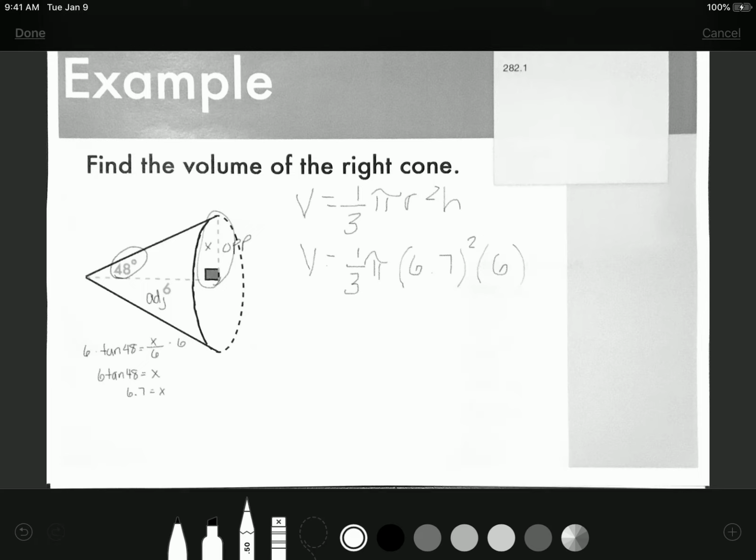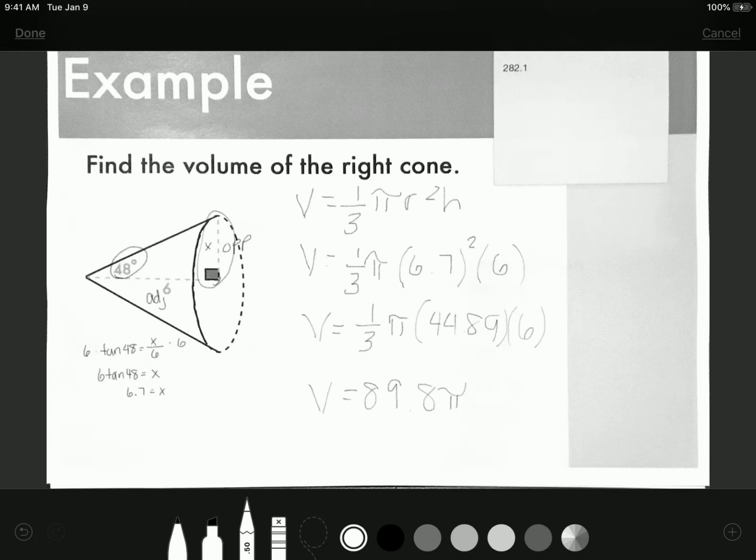So 6.7 squared is going to be 44.89. So we have 1/3 times pi times 44.89 times 6. So if we take that, times it by 6, and times it by 1/3, our volume is going to be 89.8 pi.